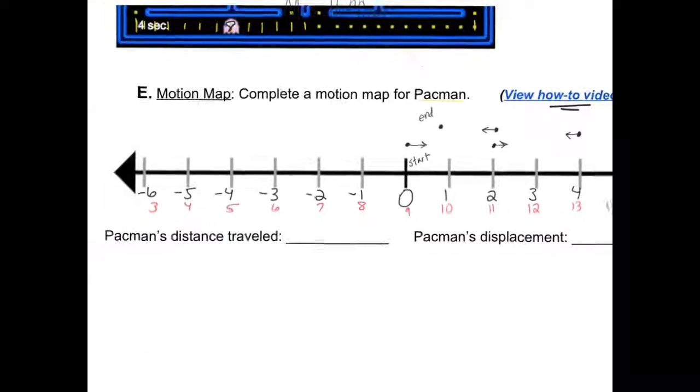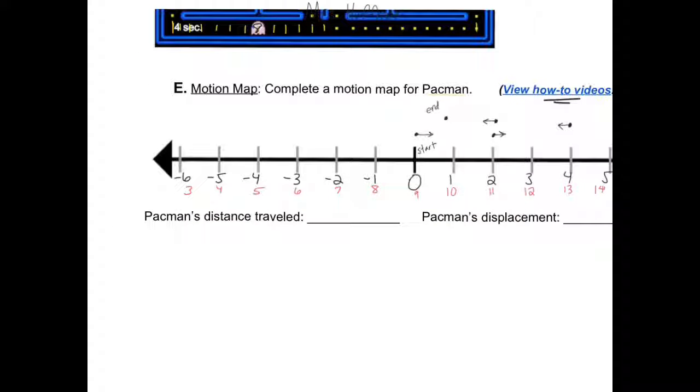Now you've got to answer a couple questions. Pac-Man's total distance traveled. We're just going to count up where all he went. You can use your numbers that you've marked down there. So 1, 2, 3, 4, back the other way, 5, 6, 7, and a little bit more. I think that's about a 0.4. So I'm going to say he traveled 7.4 dots in total.